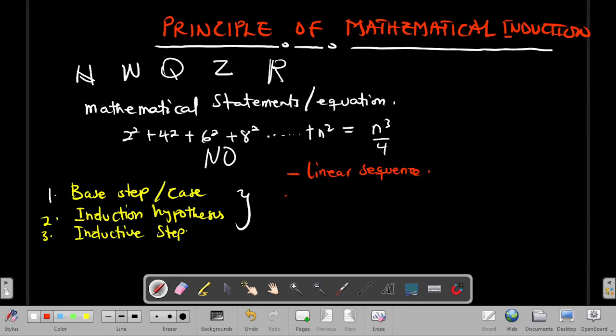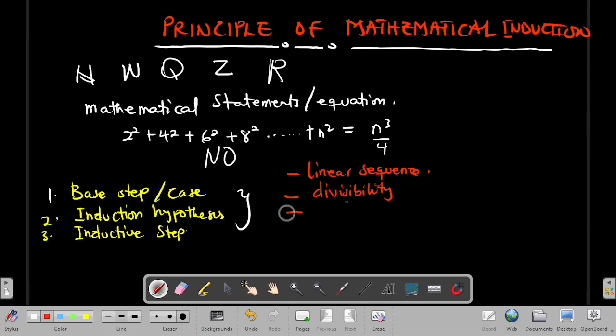The second one is divisibility. The problem will ask you to prove that a mathematical statement is divisible by a certain number. So you have to show that the statement will forever be divisible by that number.